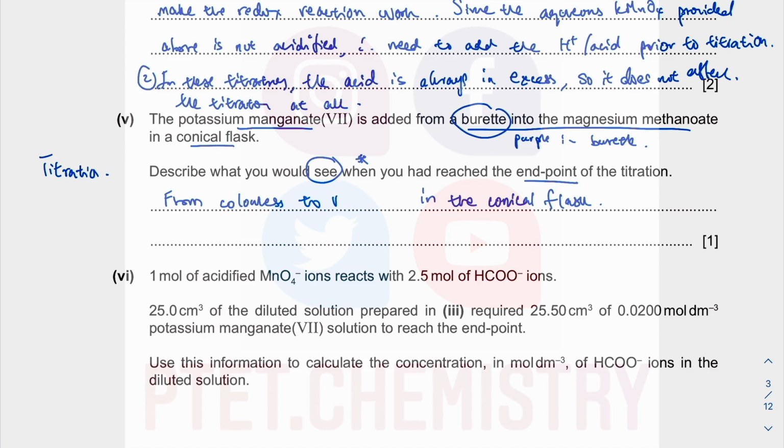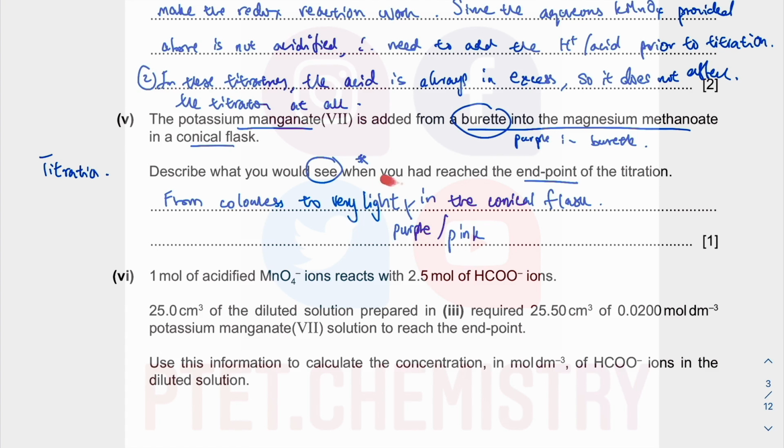Okay, very light purple or pink. The pink is not necessarily the Mn2+, because you will have a lot of Mn2+, which are mostly colorless or very faint pink, but what you will see is that it will become a bit darker, because now you have that one extra drop of the KMnO4 that hasn't gone to the Mn2+.